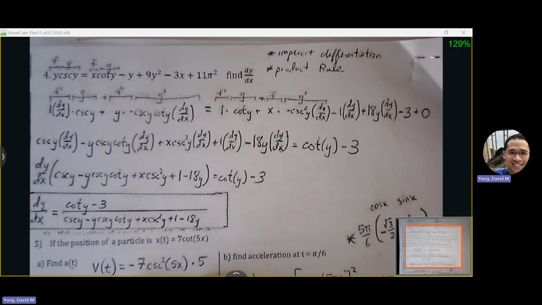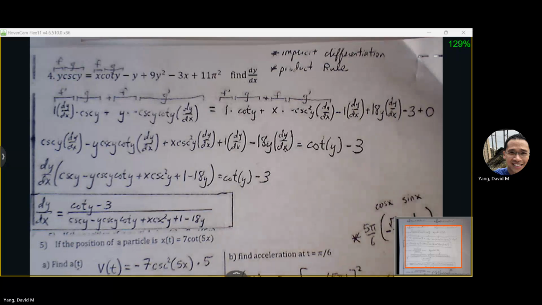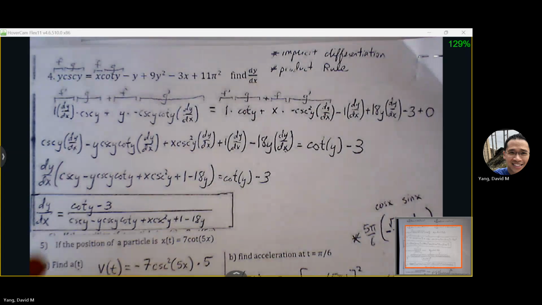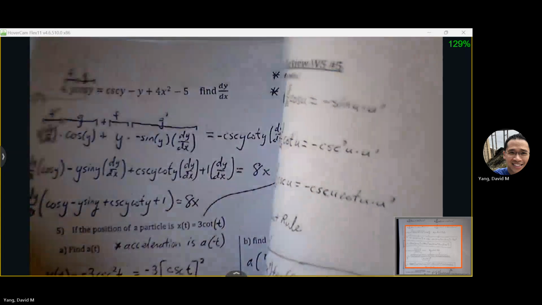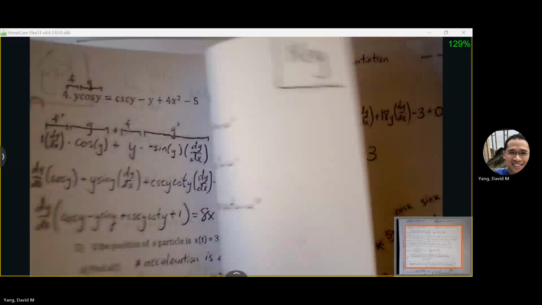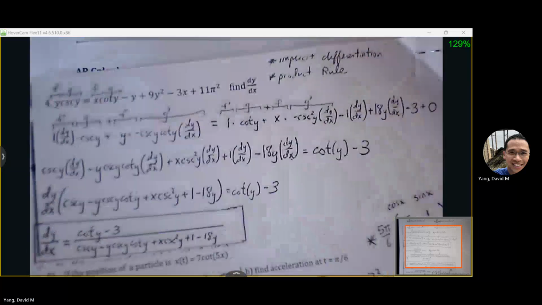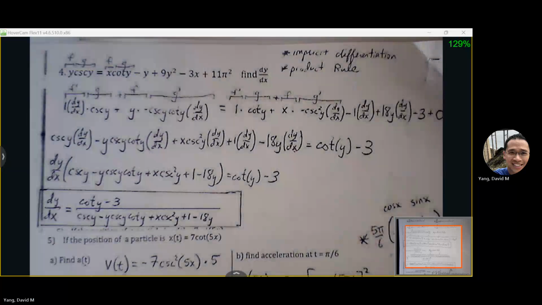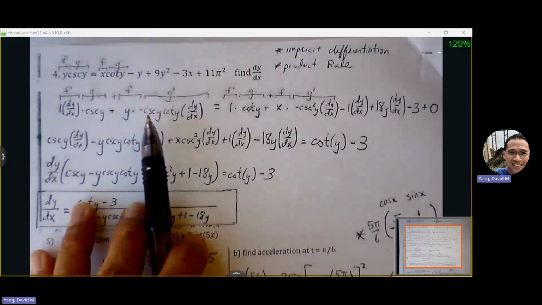Okay, next page. Bit of a longer problem here.